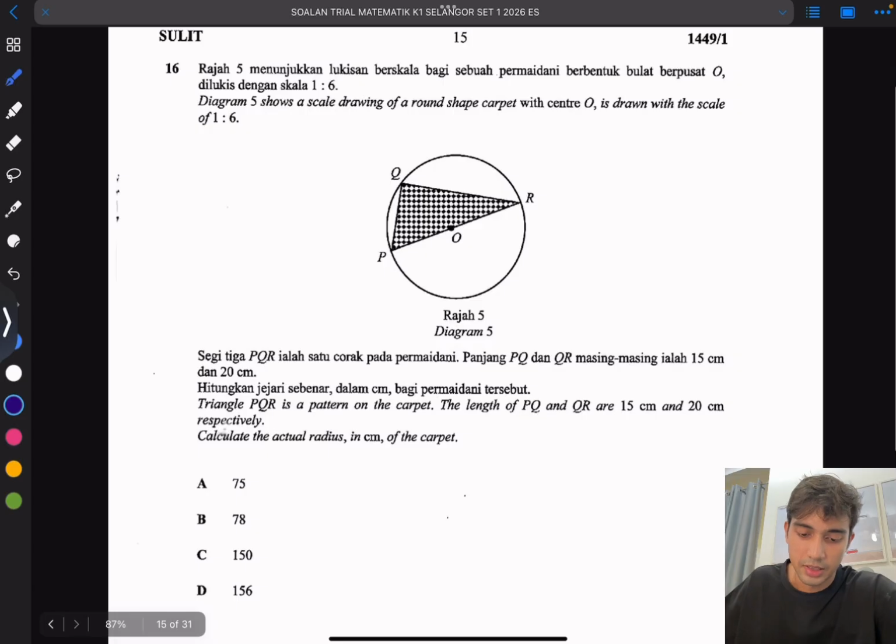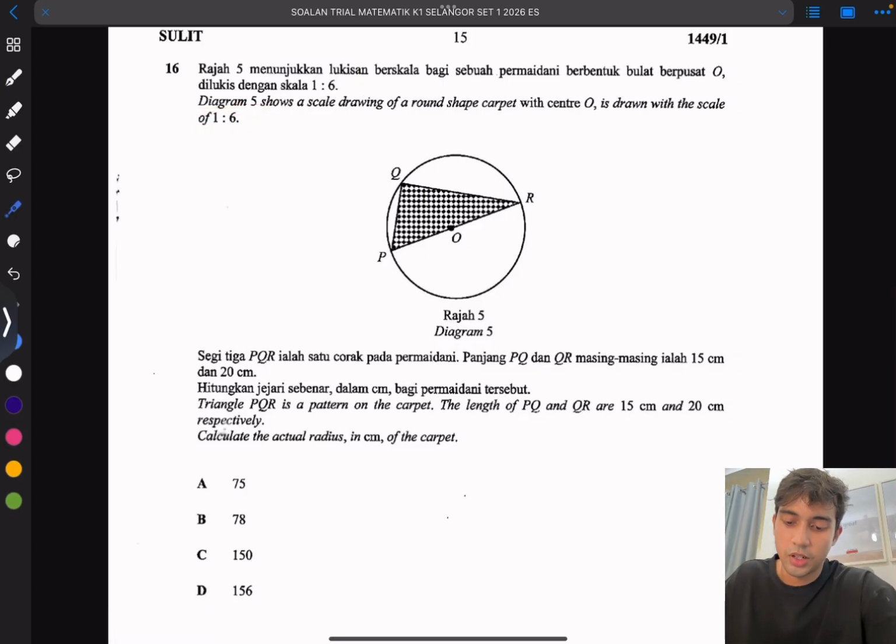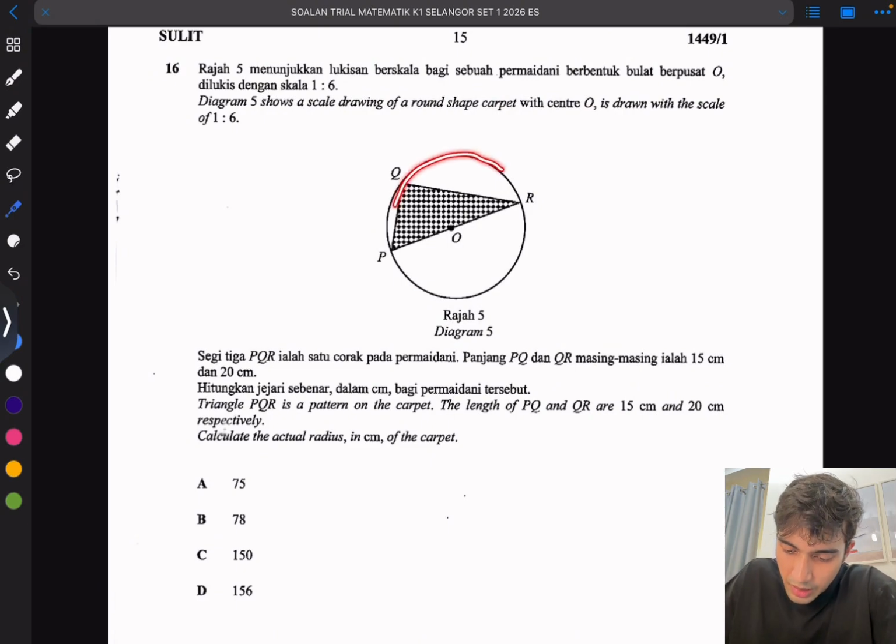Question 16. Diagram 5 shows the scale drawing of a round shaped carpet with center O, drawn with the scale of 1 to 6. Triangle PQR is a pattern on the carpet. So this circle, they say this is the center and this should be the diameter.